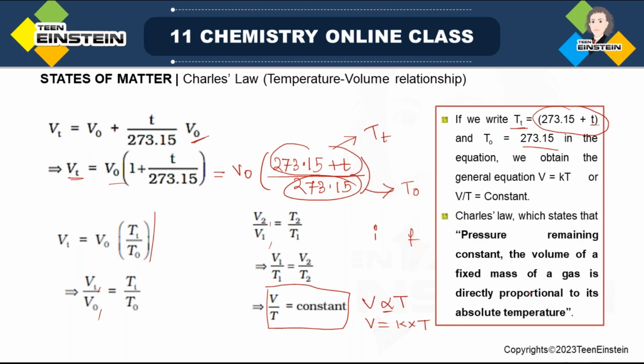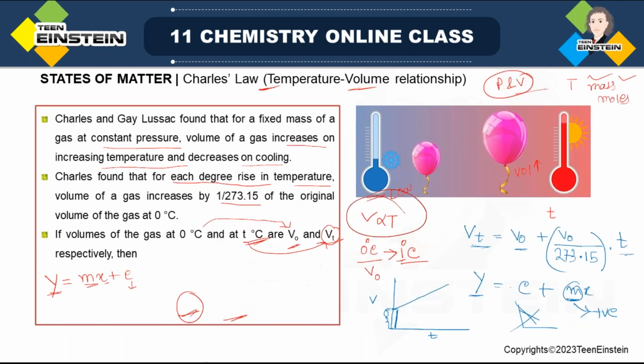So again, we can say this Charles law, which states that pressure remaining constant, the volume of a fixed mass of a gas is directly proportional to its absolute temperature. The previous law that we have said, remember, we said in a different way. Read just the first line: for a fixed mass of gas at constant pressure, the volume of gas increases on increasing temperature and decreases on cooling.